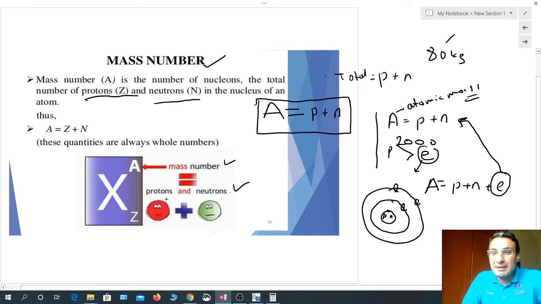If a mosquito comes and stays on my shoulder, my mass is going to change definitely, but the mass of the mosquito is like 0.0001. So when we add the total, I am going to add almost 80. It means the mass of the mosquito is negligible compared to my mass.